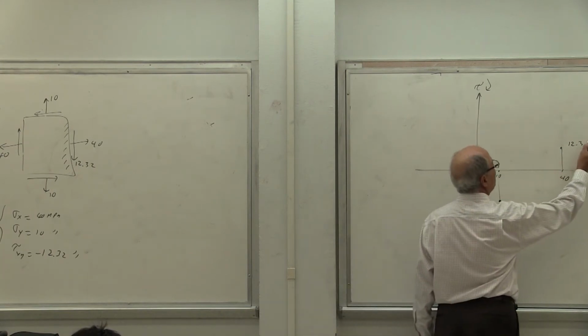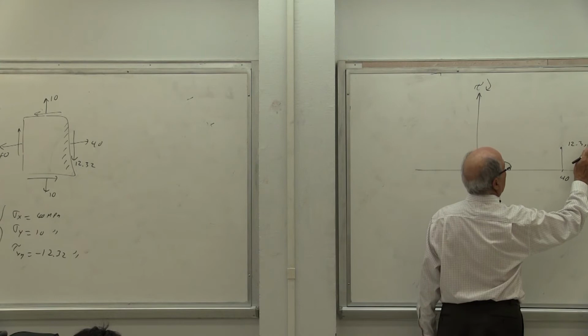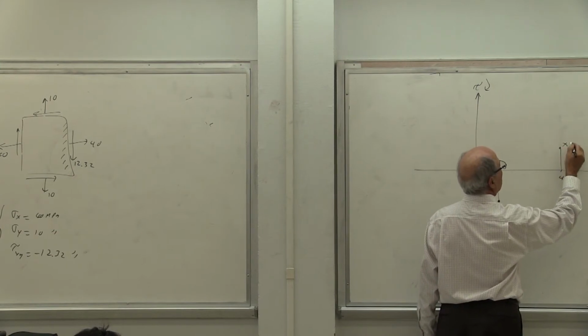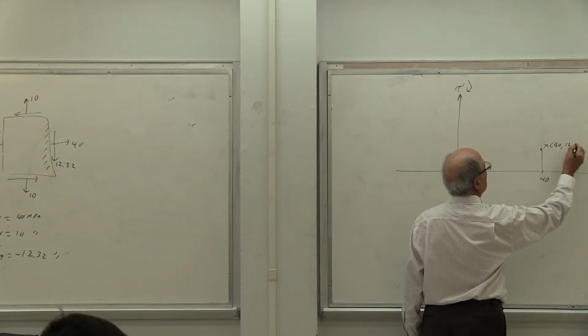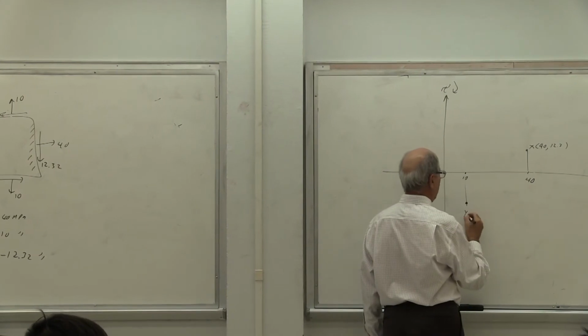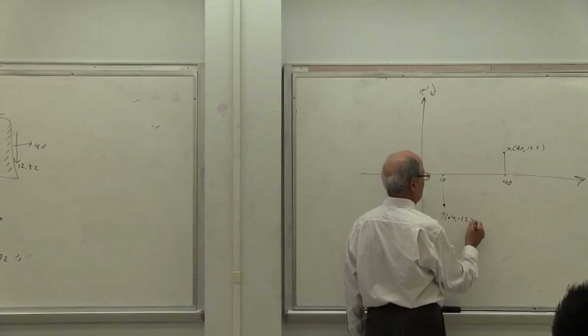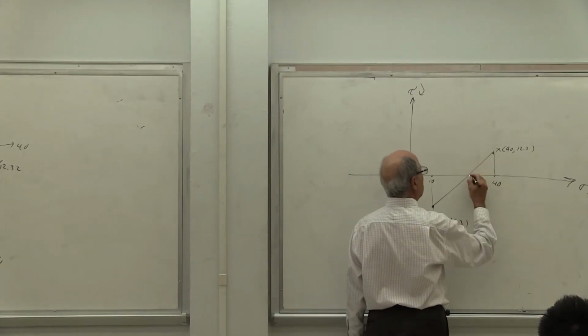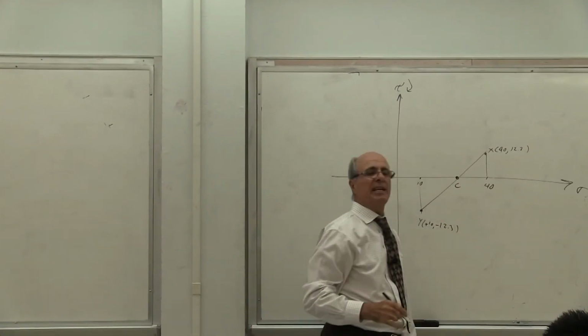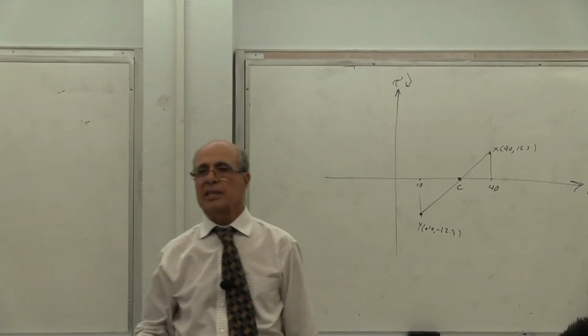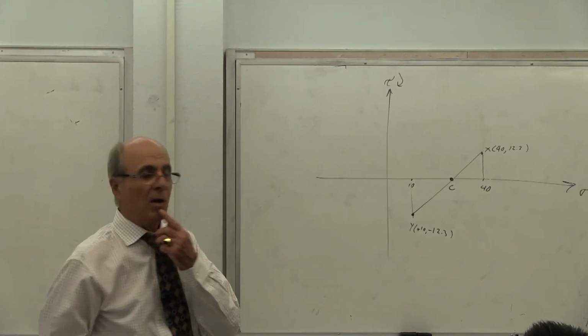So that's your x. Let's say x has the coordinate of 40 and 12.3. Y has the coordinate of 10 and minus 12.3. That's all. Then you connect these two together. What's this one? This one is the center of the circle. So what's this length?